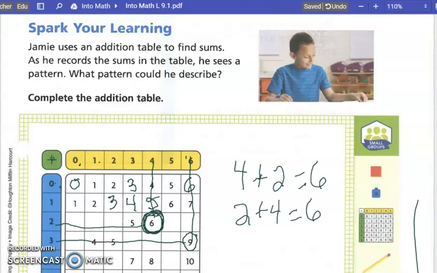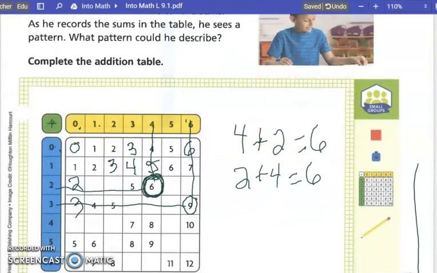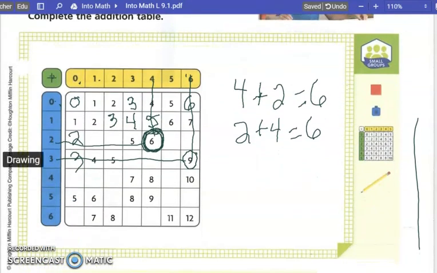So you should have filled your table in, and this would be 2, 3, 4, 5, and 6. Then 1, 2, 3, 5. Then 2 plus 2 is 4. 2 plus 4 is 6.